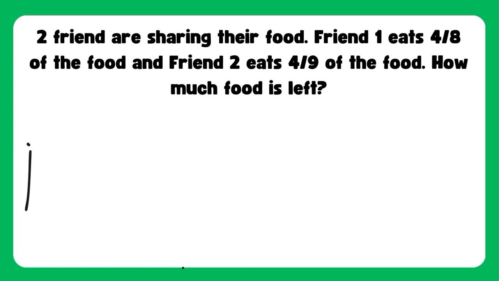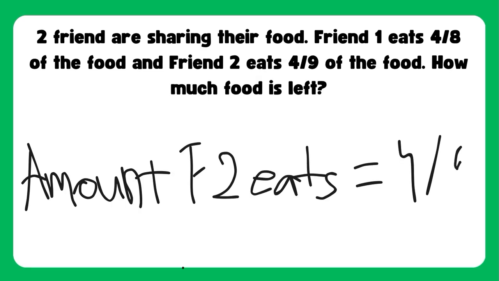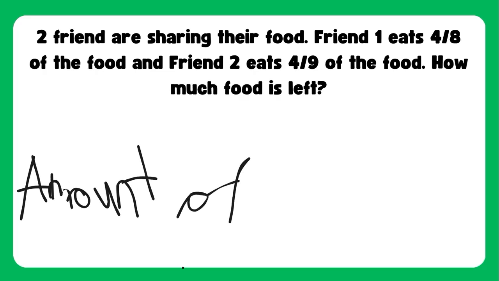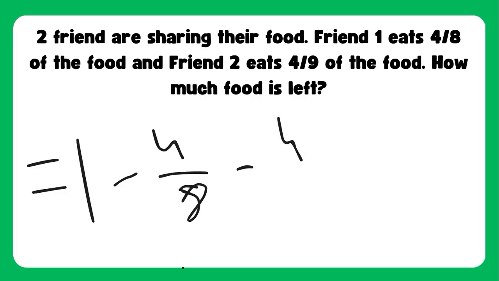And then amount F2 eats is equal to 4/9. So amount of food left, you can understand that it's going to be equal to that 1 versus the total food minus how much they ate. So minus 4/8 and then minus 4/9.